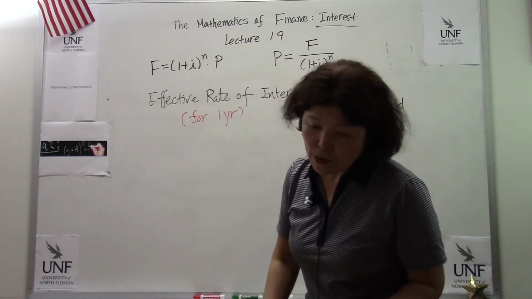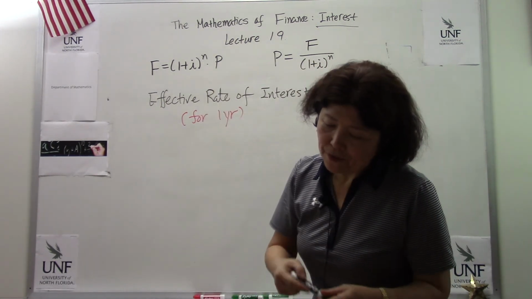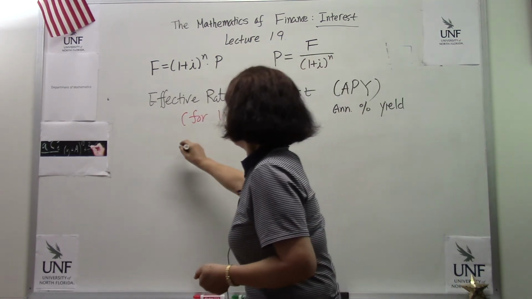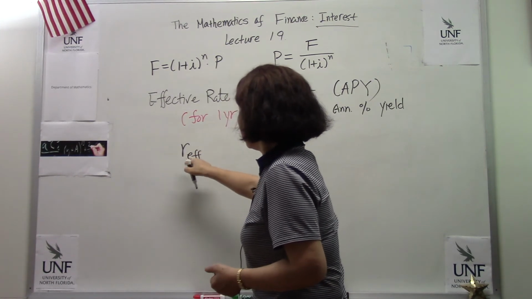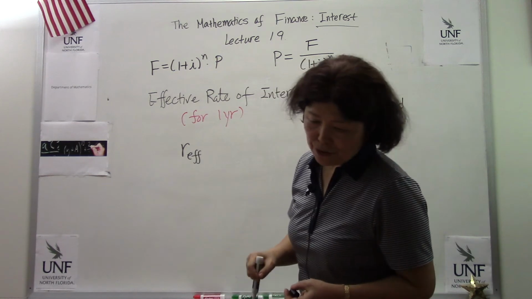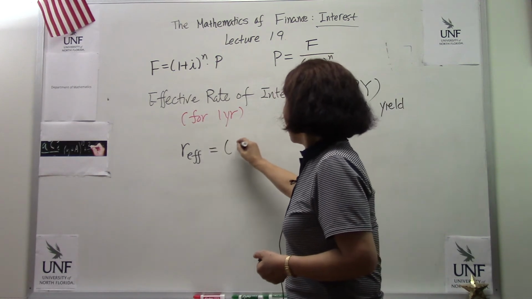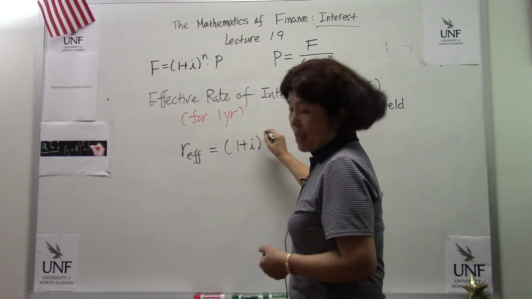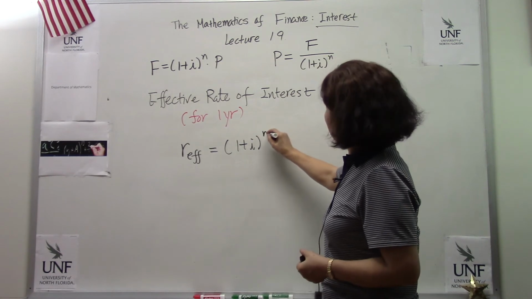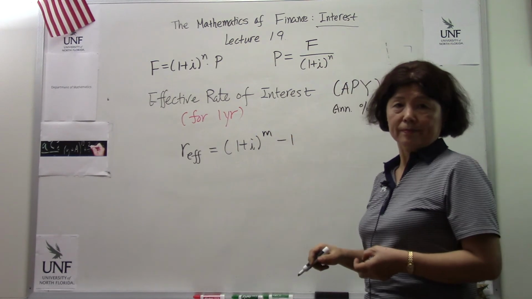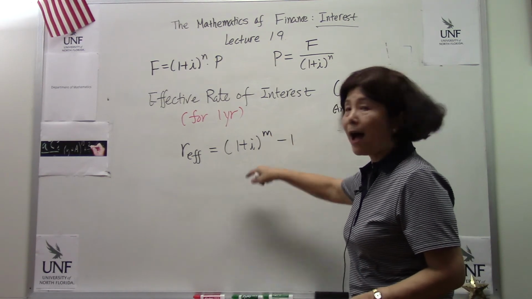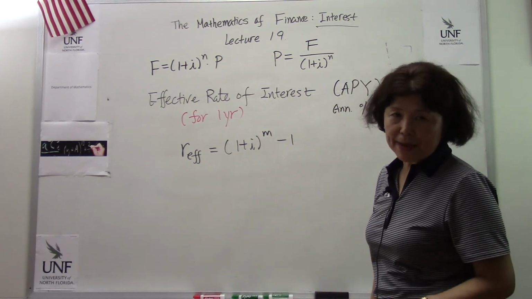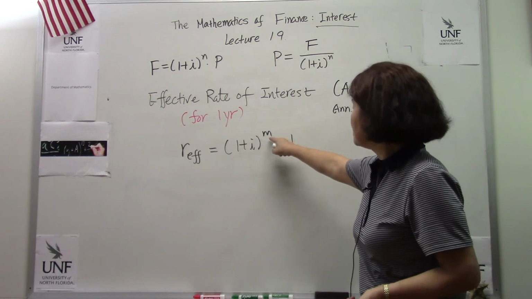So what is the formula for effective rate of interest? R_eff, the effective interest rate, is (1 plus i) to the m minus 1. Throughout the chapter, whenever you see little i, it always has the same meaning, and the little m also.